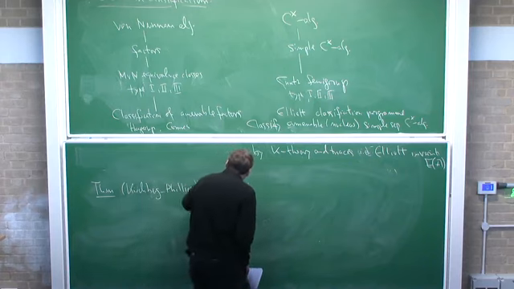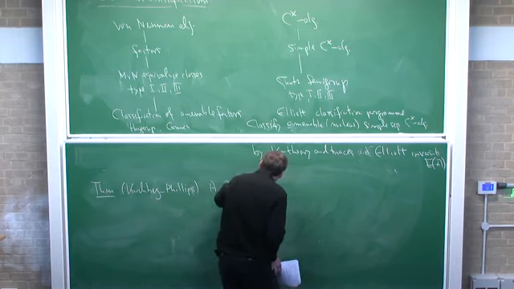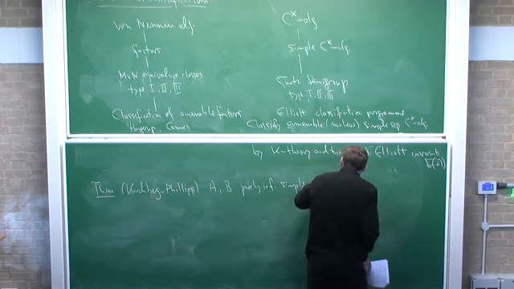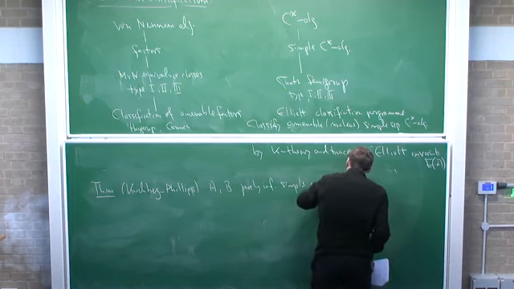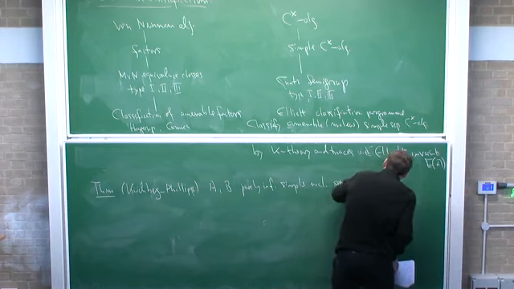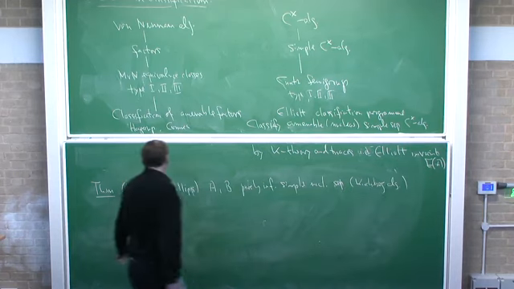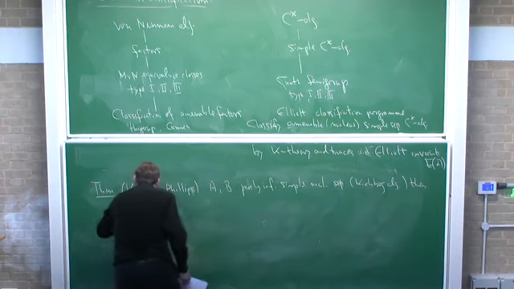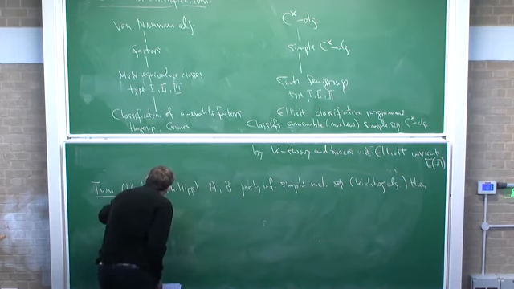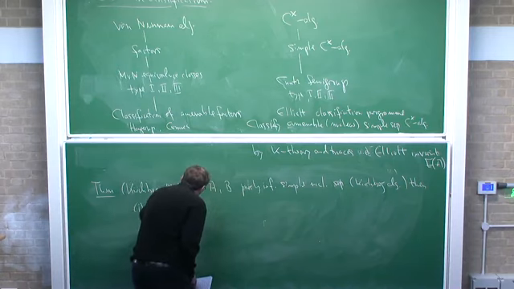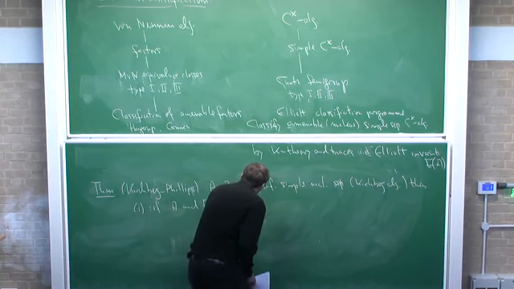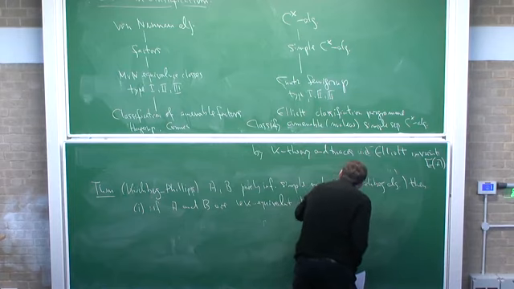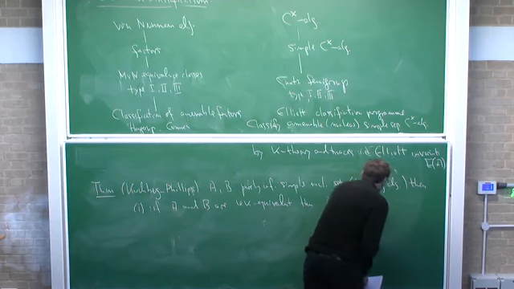So if A and B are purely infinite, simple, nuclear, separable, these are Kirchberg algebras, then you can say that if A and B are KK equivalent, then they are going to be stably isomorphic, isomorphic tensor K.